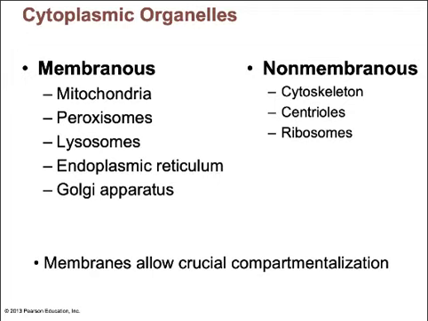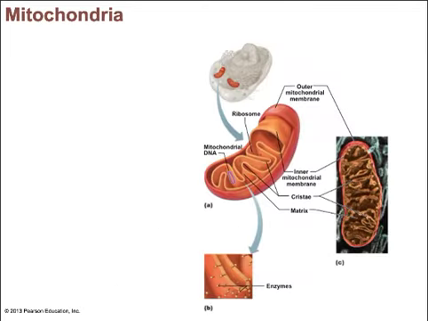The purpose of the organelles is to allow chemical reactions that sustain life to take place in a small enough space that they are efficient. And it also separates chemical reactions that would otherwise interfere with each other so that they don't. Okay? So we're going to look at in detail each of these organelles and describe what they do.